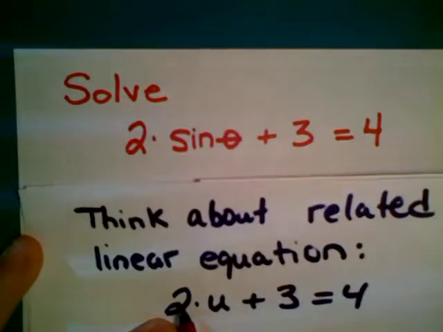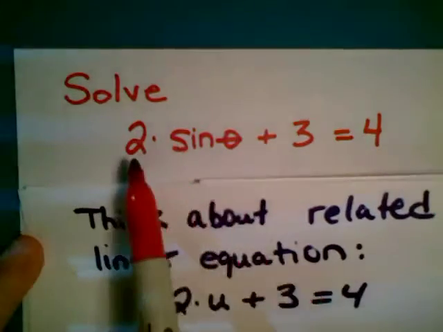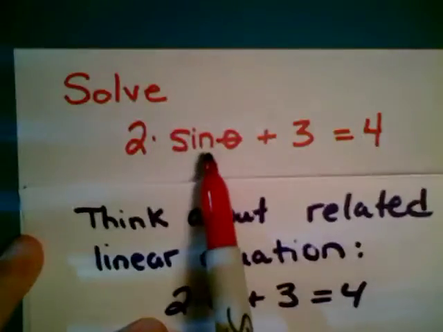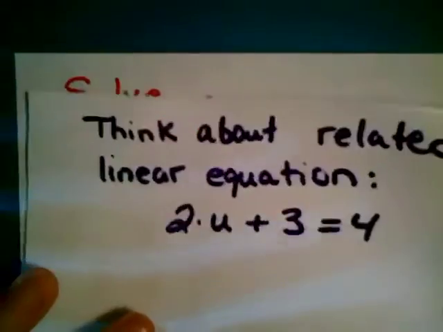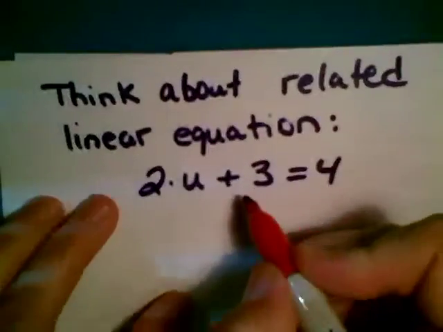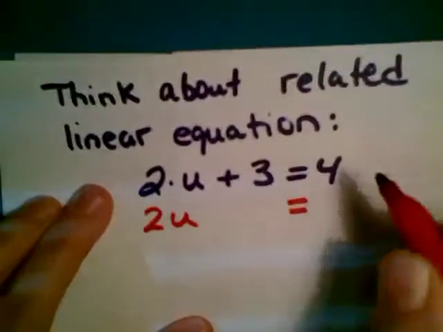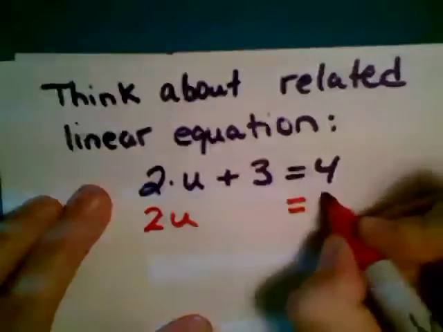In blue we have twice some unknown plus 3 gives us a total of 4, whereas in red we have twice the unknown output of sine plus 3 gives us a total of 4. We know that we need to undo the add 3, so we would subtract 3 from both sides.